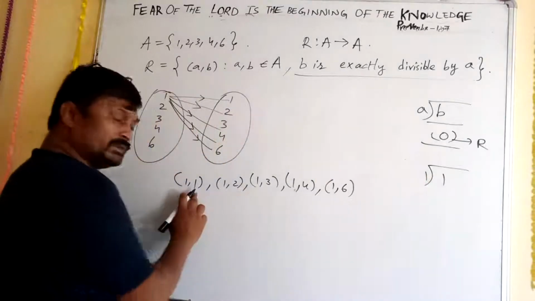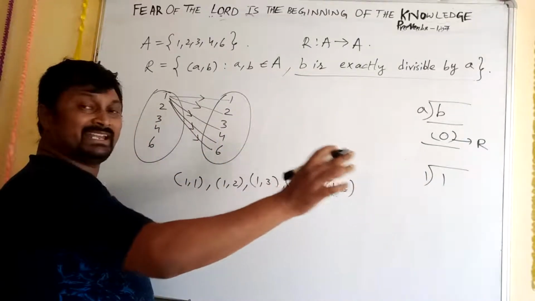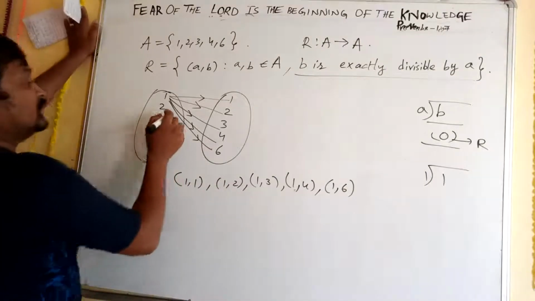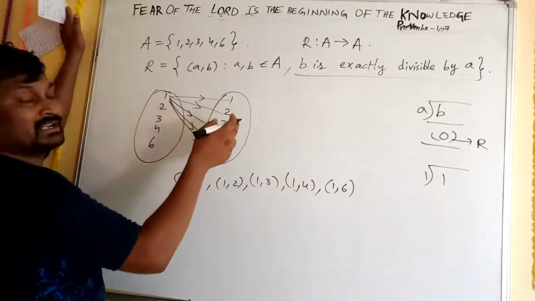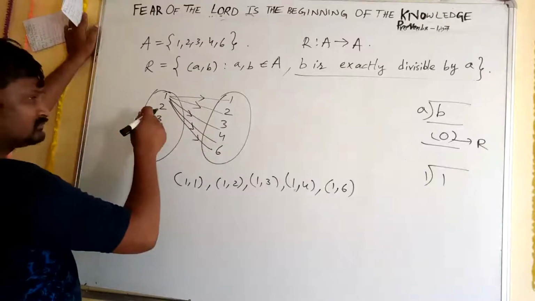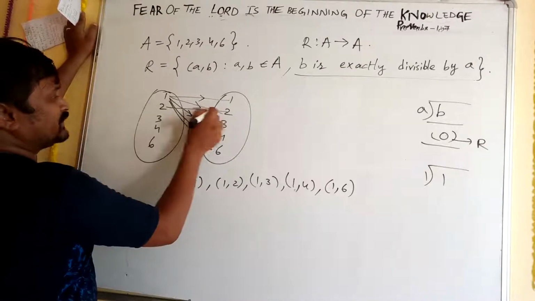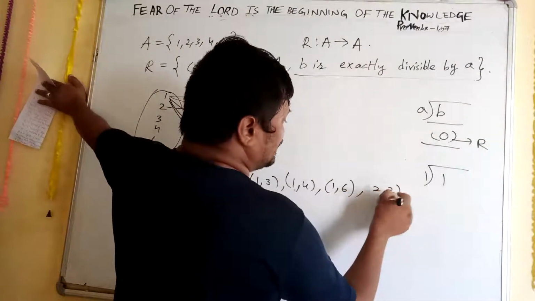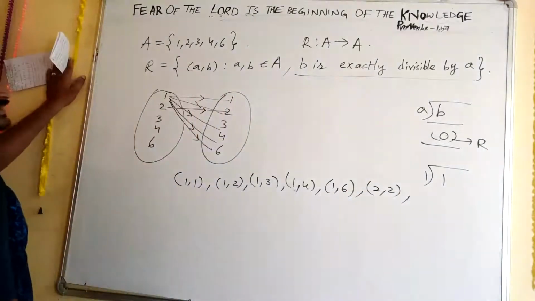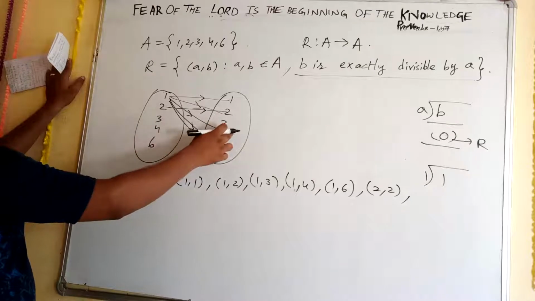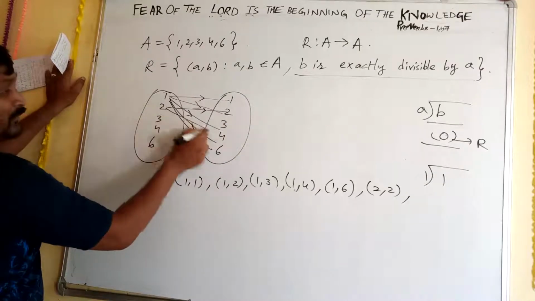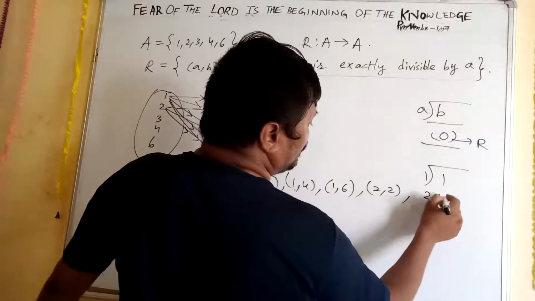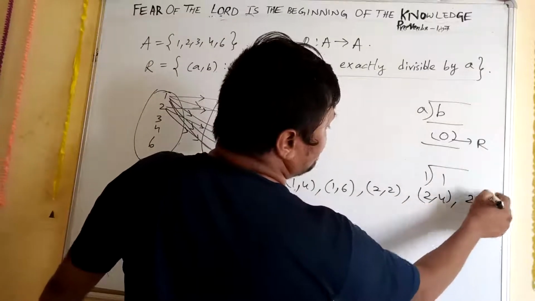With 1, you divide any number and you get exactly divisible. Next, go for 2. 2 divisible by 1 is not possible here. Dividing by 2, yes, it is possible, so (2,2) is possible. 2 upon 3 is not possible. 2 upon 4 is possible and 2 upon 6 is possible, so (2,4) and (2,6).